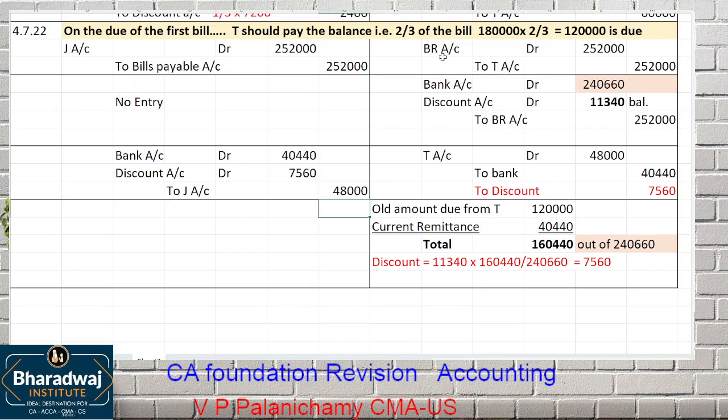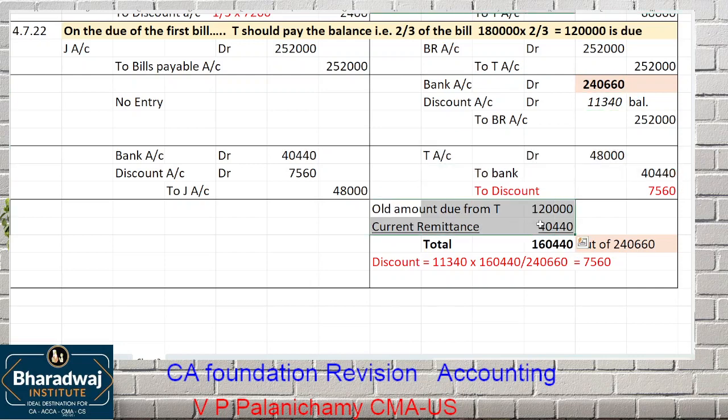I repeat, I am drawing the second bill. Bills Receivable to T account. You are accepting it. J account debtor to which account? Bills Payable account. I am discounting this bill for 2,40,660. The balancing is a discount for us. I'm remitting 40,440.